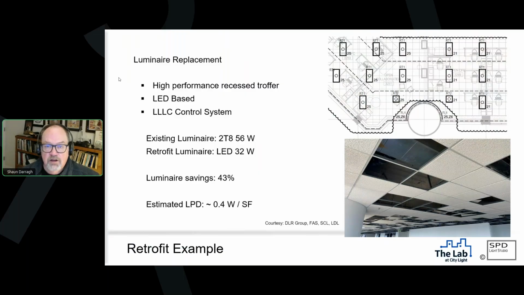So based on the retrofit replacement with the existing versus the retrofit luminaire, the luminaire savings alone was estimated to be about 43% savings, still having pretty good visibility, visual lighting, with estimating the lighting power density down at about 0.4 watts per square foot.